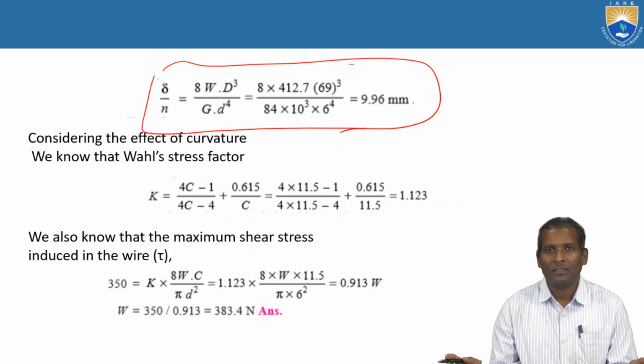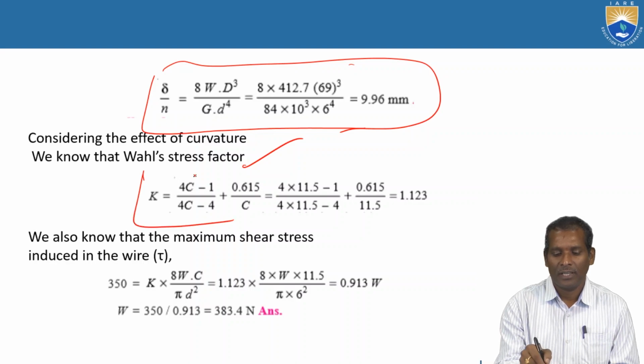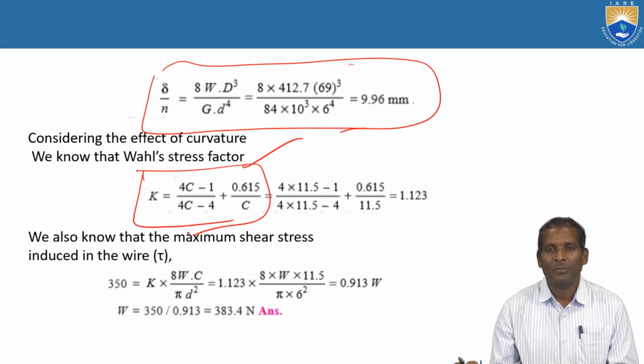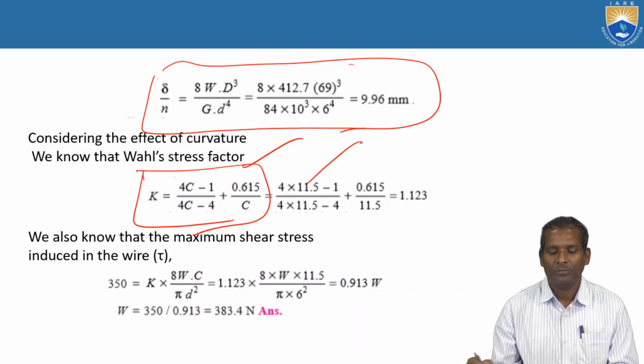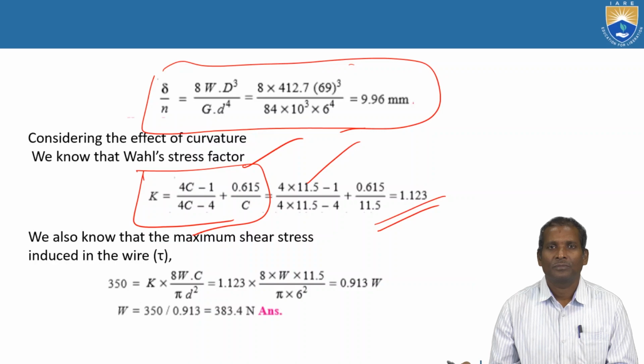If you are considering the effect of curvature, you should multiply with the Wahl stress factor. That is K, where K is (4C minus 1) upon (4C minus 4) plus 0.615 upon C. We are considering this effect of curvature. So substitute those values. You already know the C value, so substitute it in this equation and you will get the Wahl stress factor.